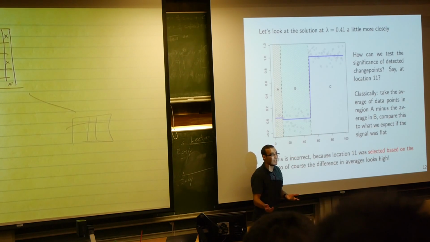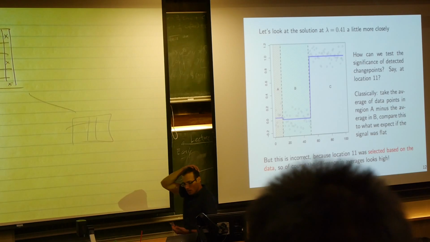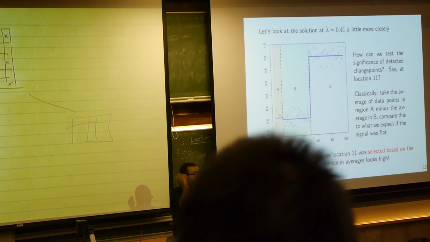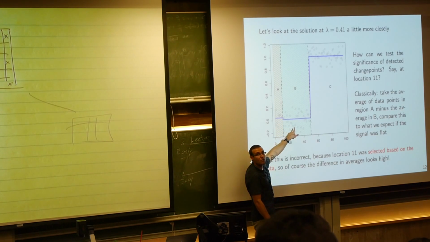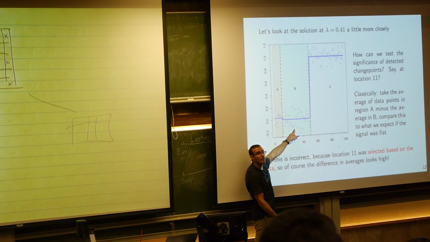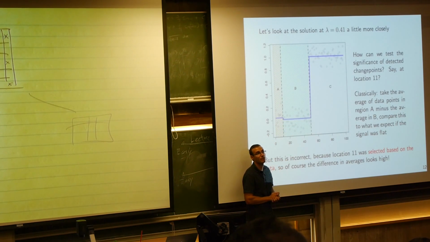Now, what you would do classically, if you took Larry's 705 course or other statistics courses, is take the average of the points in A and subtract the average of the points in B, and compare that to a null distribution in which you had averages from two groups that had the same mean.